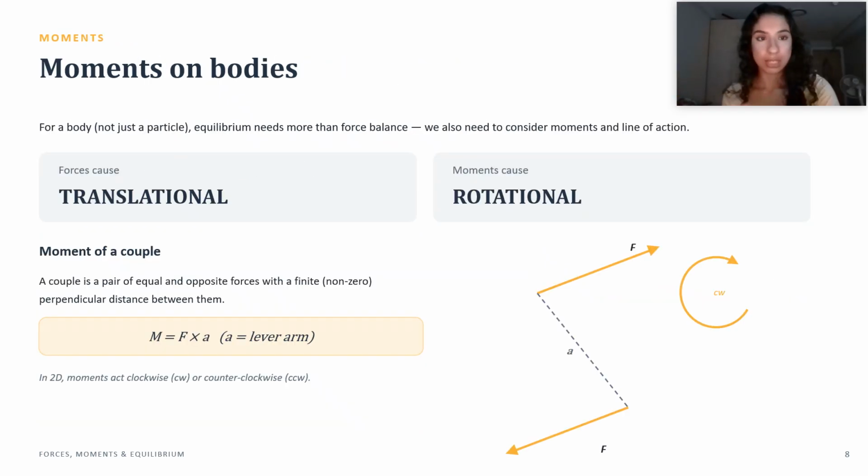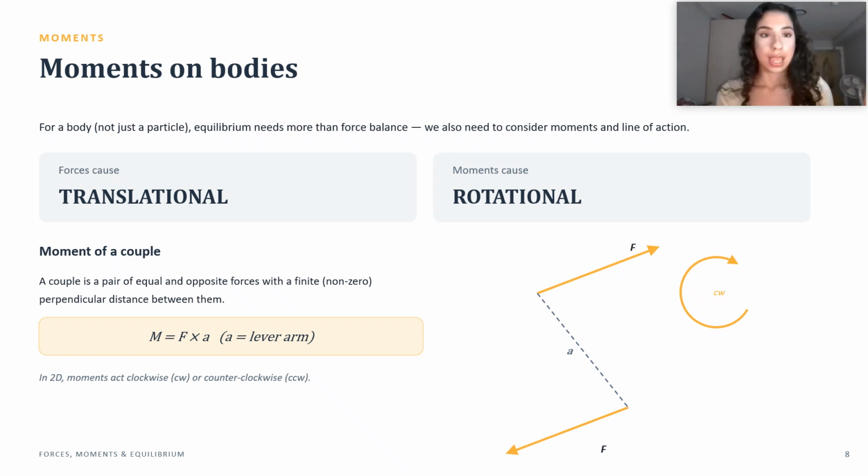Right, now moments. This is the interesting part. Think about it this way. You see the seesaw, and it has a pivot in the middle, and you go and sit on the right side of the seesaw.